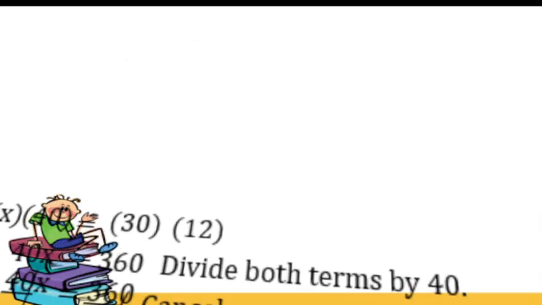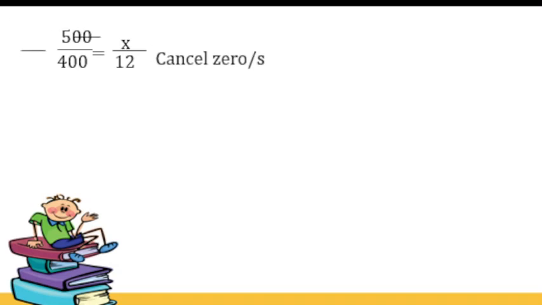So since the amount of money that you are going to use is 500 pesos, then you think of decreasing it to 400. So that is equal to the number of days you are looking for, and then the original is 12 days. So you can cancel the zeros, then cross multiply.